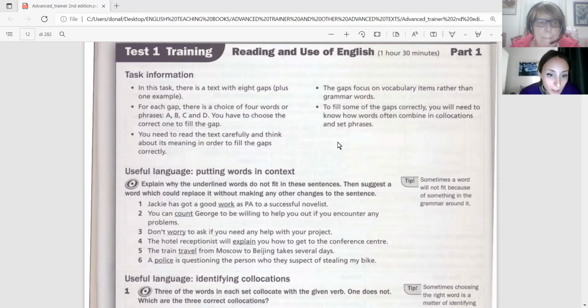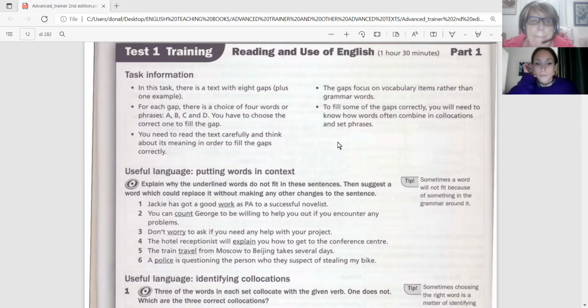Hai bisogno di leggere il testo attentamente e pensare al significato per compilare lo spazio correttamente.